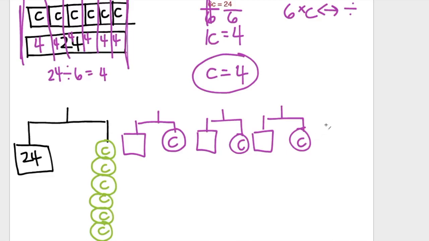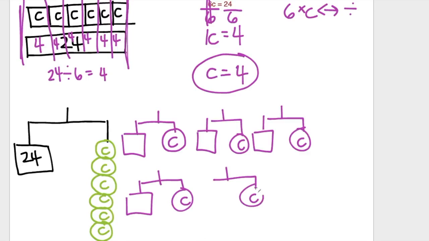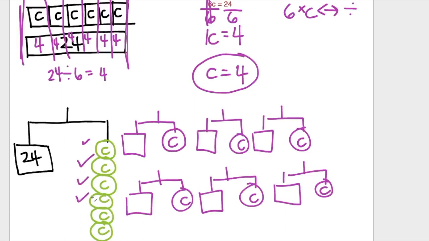So here we have 3, 4, 5, and 6. So what we did was we took each of the c's and we gave them a new little hanger. So here's a little hanger, here's a little hanger, and the last one has its own hanger.